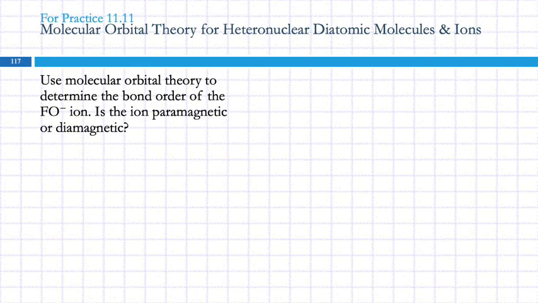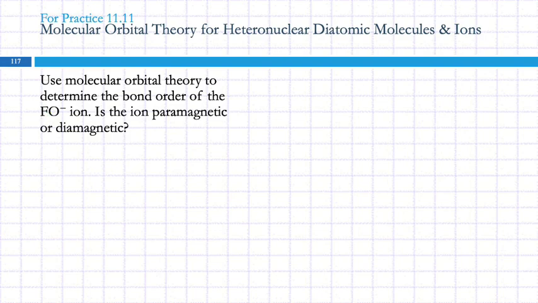Use molecular orbital theory to predict the bond order of the FO minus ion. To save time, I'm not going to do this one. But again, the way you would do this is you'd say, okay, well, fluorine has 7 valence electrons, oxygen has 6. 7 plus 6 is 13. The negative means it got an extra one. So I've got 14 electrons.